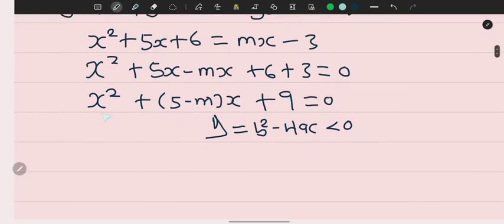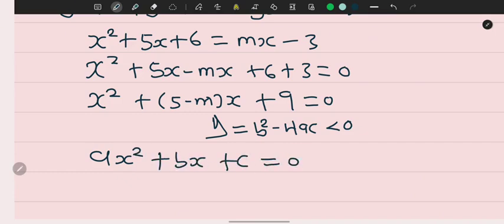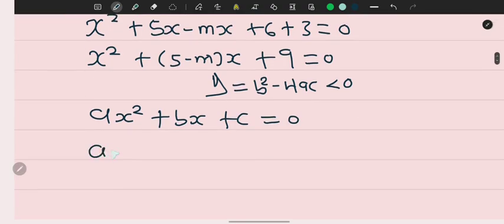And of course, you compare the equation we just obtained with the general quadratic equation, which is ax squared plus bx plus c equals 0. By comparison, a is 1, b is 5 minus m, and c is 9.